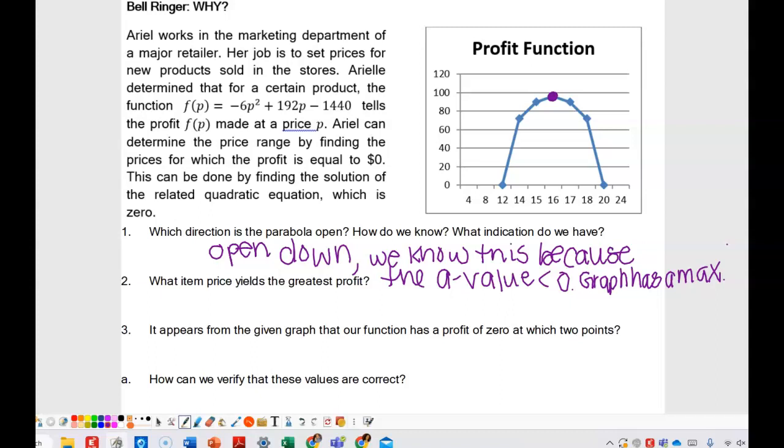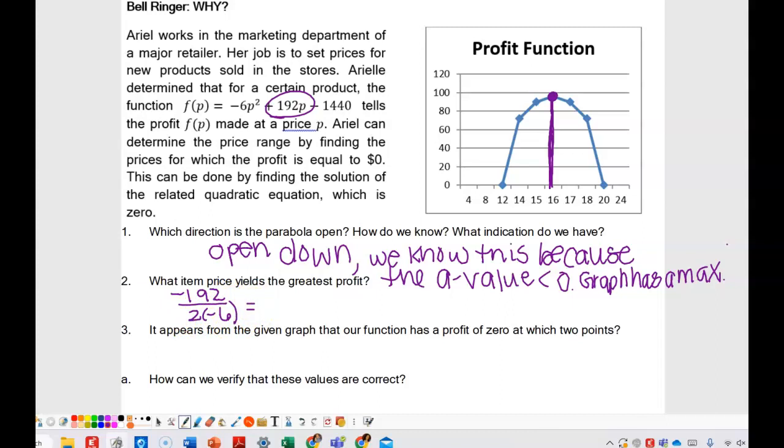The price of that would come from your x. So the price is the p, which is our x. That comes from the max on the curve, and the max on the curve is the vertex. If you wanted to know the x value of the vertex, that could also go back to your negative b divided by 2a formula.